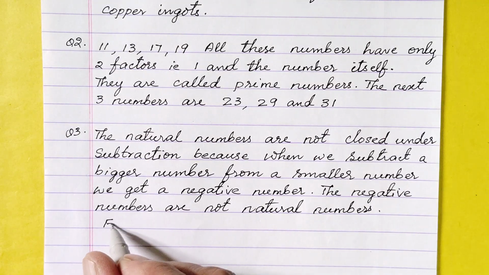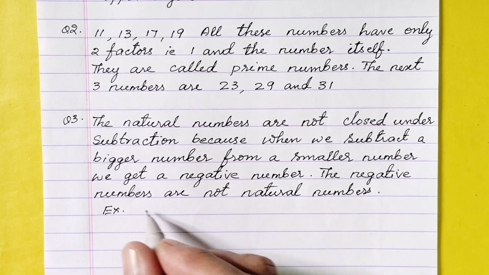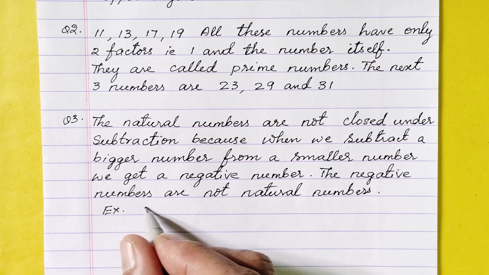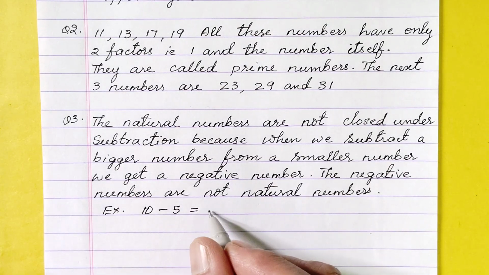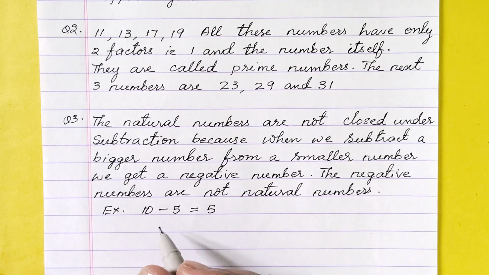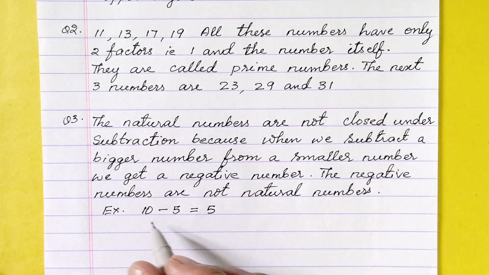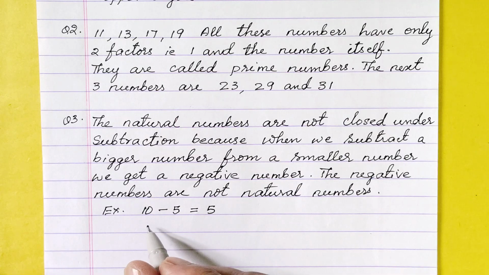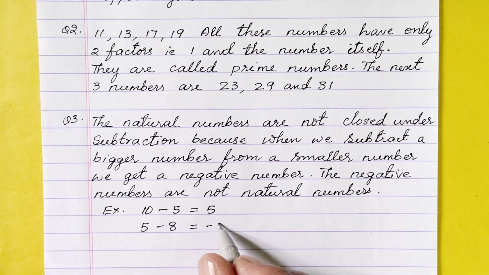For example, you can see here, suppose I subtract 5 from 10, I get a natural number, no problem. But when I subtract a bigger number from a smaller number, suppose 5 minus 8, I get minus 3.